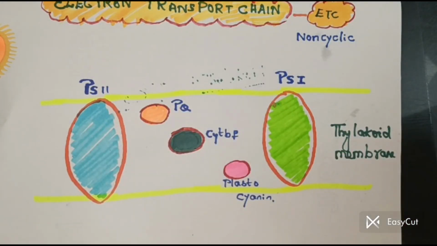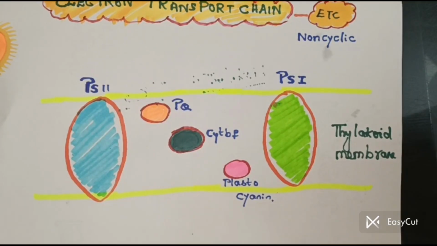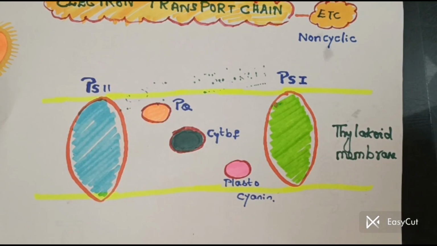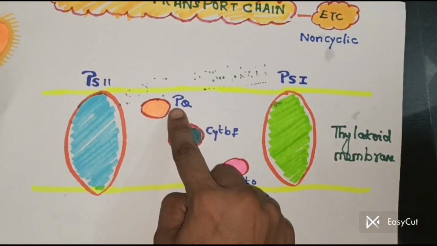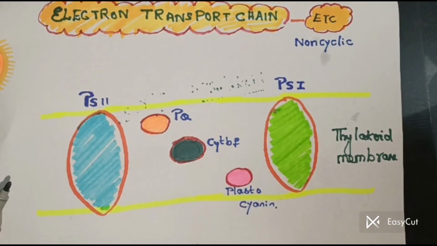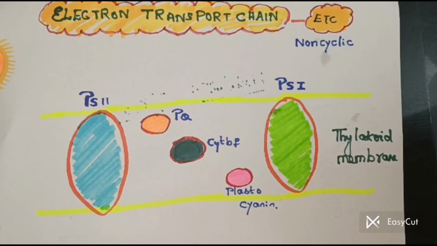So now you can see between the PS2 and PS1 there is presence of electron transport carriers. One is plastoquinone, the other one is cytochrome BF complex, the other one is plastocyanin.